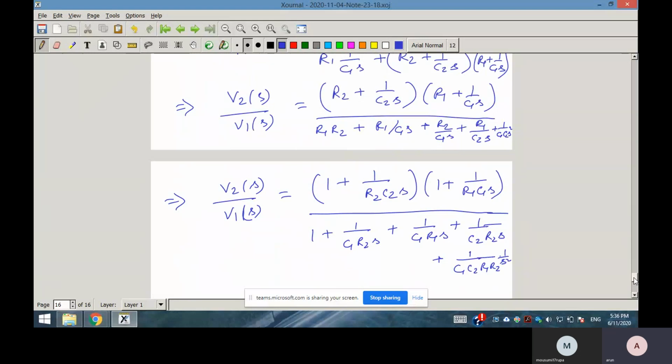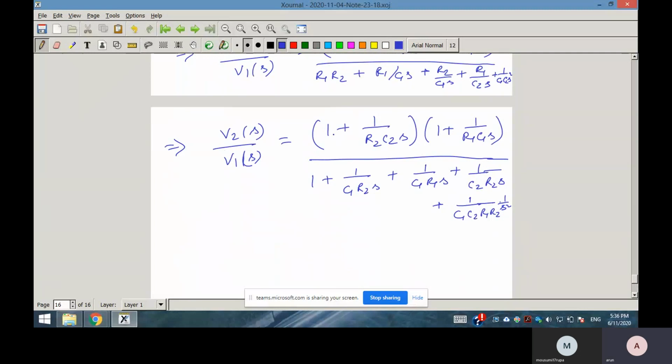So this can be further simplified if you multiply the numerator as well as the denominator by s square.